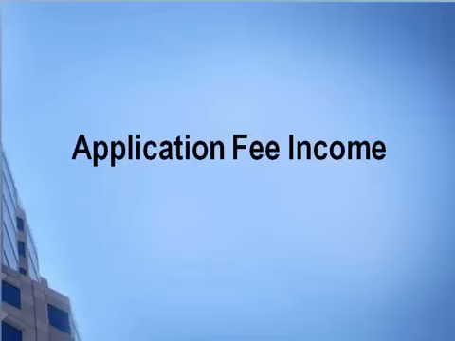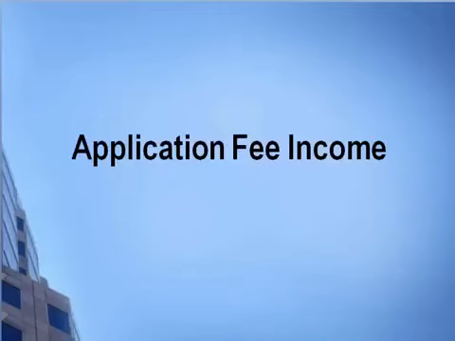So when you see a property that has an application fee, what you do is you go in there and divide the numbers by 25. And that should give you an idea as to how much activity there is on that particular property. And then you think, okay, if I take that number and divide it by 12, how many new applicants per month am I receiving on this property?